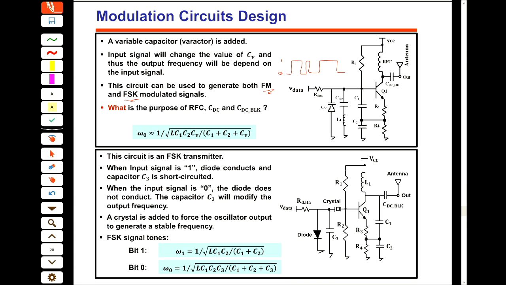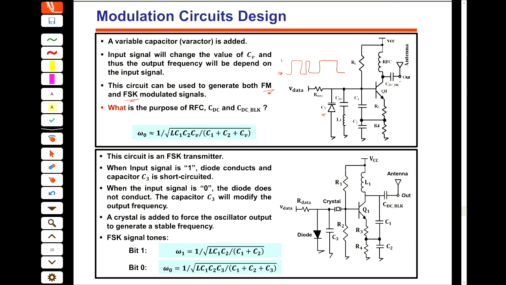At one level, the voltage of this varactor is something, so it is resonating at one frequency. And when the digital value changes to 1, then the voltage across this varactor, I mean the varactor CV, is changing, and then it generates another frequency. So then it's an FM signal: 0 makes one frequency, 1 makes another frequency.